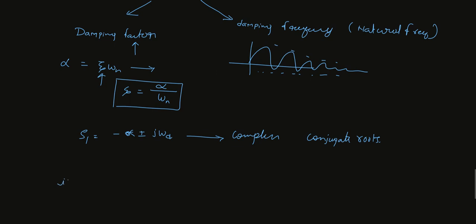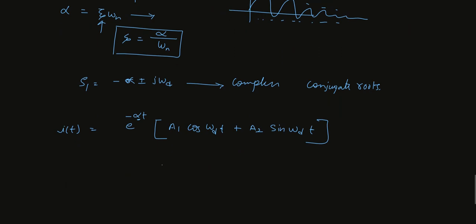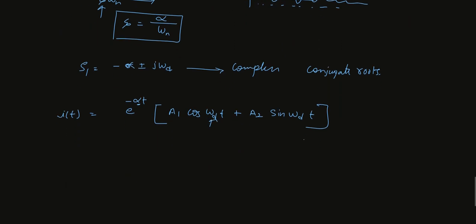That is i of t is equal to, not e power of s1t, for the complex conjugate case, e power of minus alpha t, this is the real part, times a1 cos omega d t plus a2 sin omega d t. So alpha means the damping factor and omega d is the damping frequency.